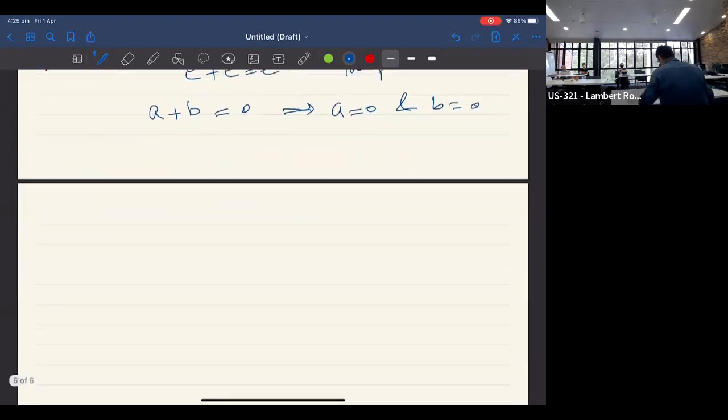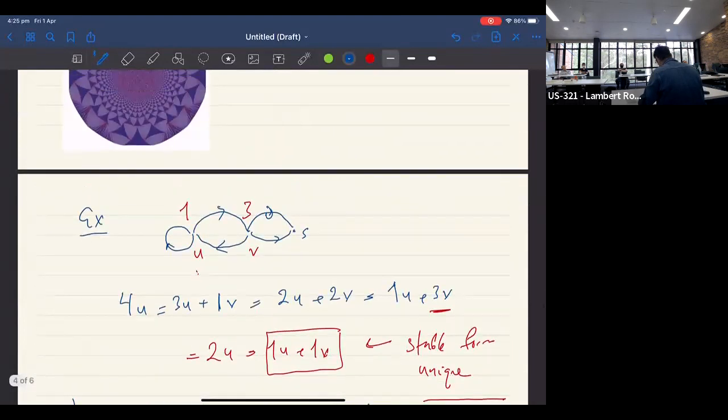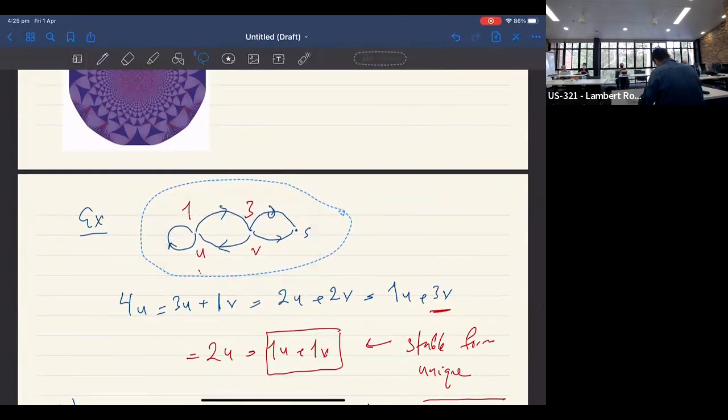And what else did Dhar observe when he introduced all this stuff? Let me just see if I can do something complicated here.